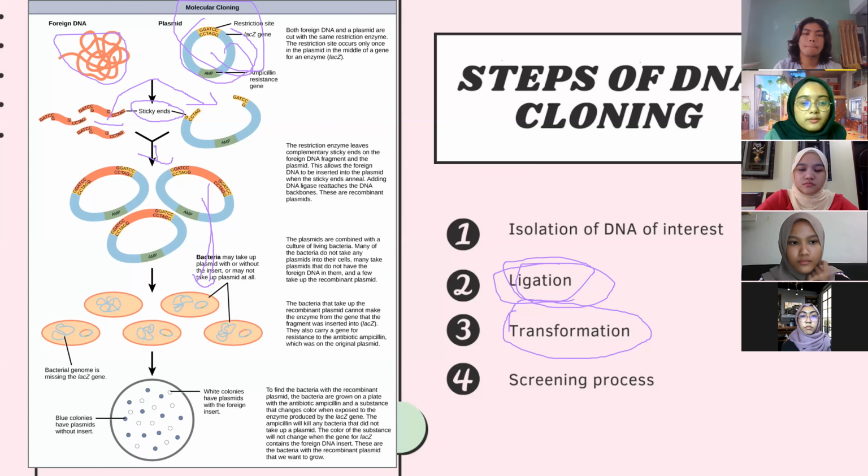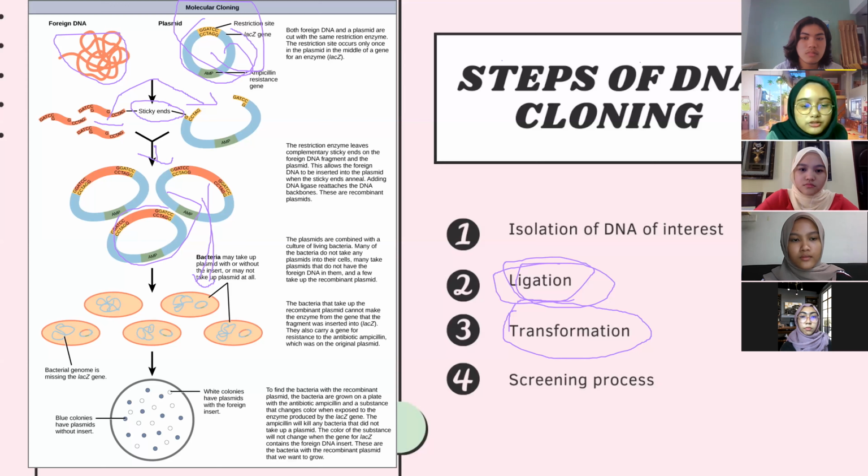So only a few will take up the recombinant plasmid inside the bacteria. Once they take up the recombinant plasmid, then we can grow them up. And this is in the next step.